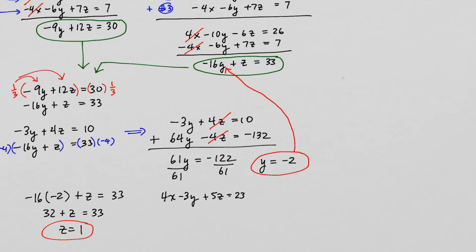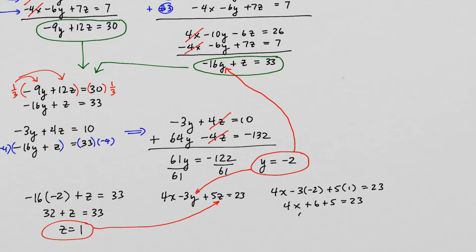Now we're going to take the value y equals negative 2 and z equals 1 and plug each of those in simultaneously. And that will give us 4x minus 3 times negative 2 plus 5 times 1 equals 23, which is 4x plus 6 plus 5 equals 23. And then we just simplify and solve. And we end up getting x equals 3.